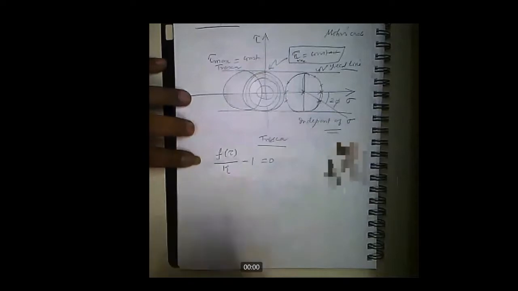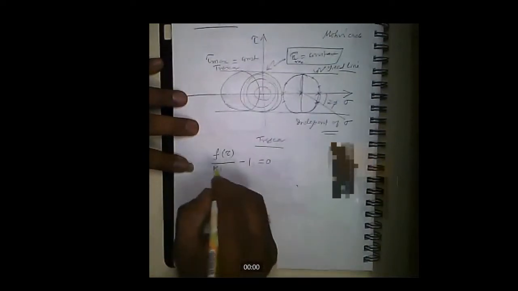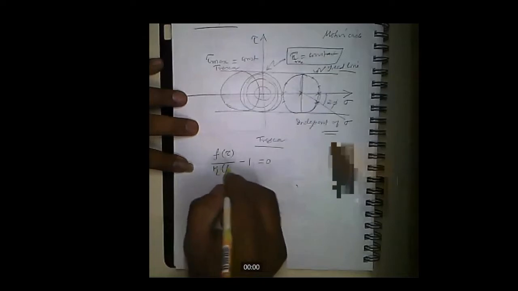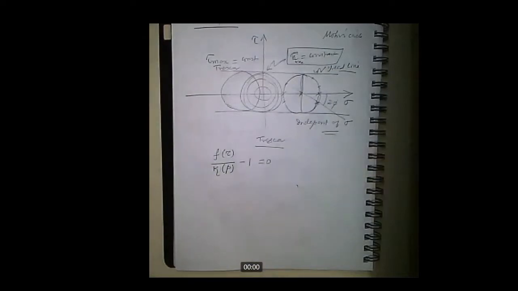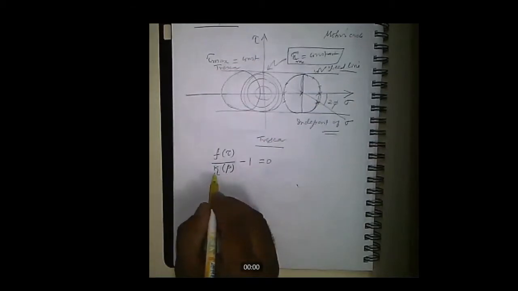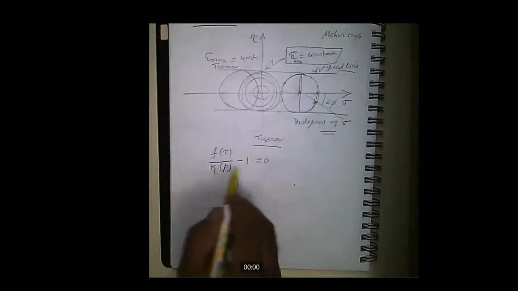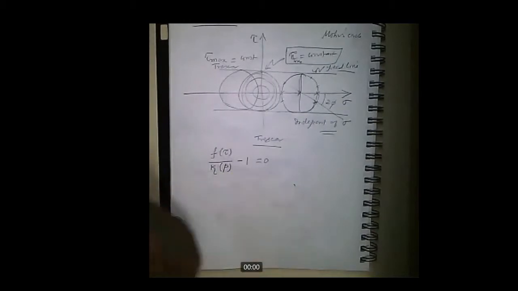Supposing I say, all right, I'm not going to have a constant kappa, but I'm going to have kappa as a function of pressure. As pressure varies, the kappa varies. Earlier, I had f of tau by kappa minus 1 is equal to 0.